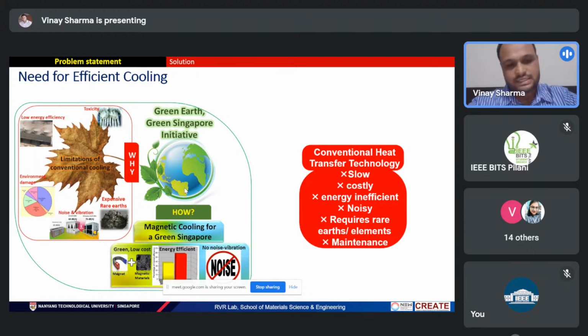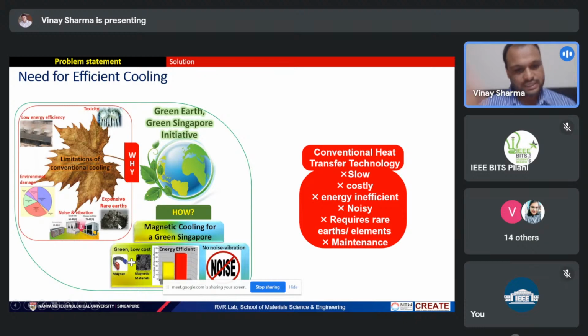Scientists around the world are working towards creating sustainable solutions, and for that, people have been working on a phenomenon known as the magnetocaloric effect. In 1996, a Nobel Prize was given to a scientist who found a magnetocaloric effect around room temperature in a material called gadolinium.